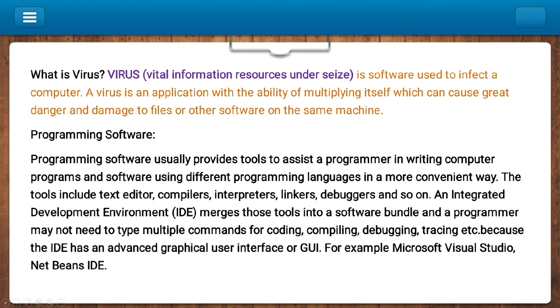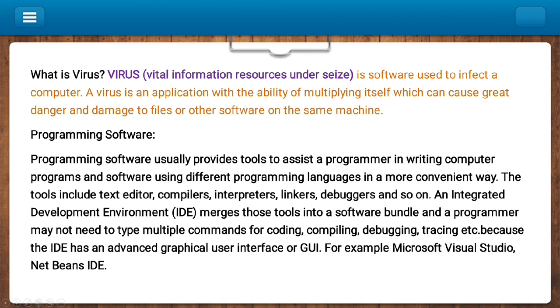Now, what is this virus actually? We are talking about virus, right? Now the virus is created by humans only. The computer did not create this virus. The system software and application software are all created by humans only, using high level language, from machine language to assembly language to high level language.